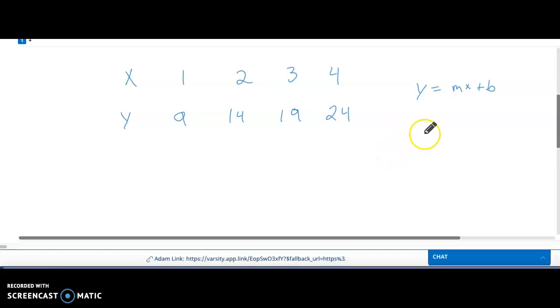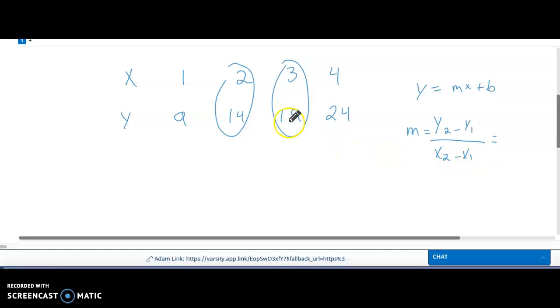Okay, so the first thing we need to find is the slope. Remember, the slope equation is y2 minus y1 divided by x2 minus x1. So we can pick any two ordered pairs and plug them into that equation to find the slope. So this is going to be my y2, my y1, this is my x2, this is my x1.